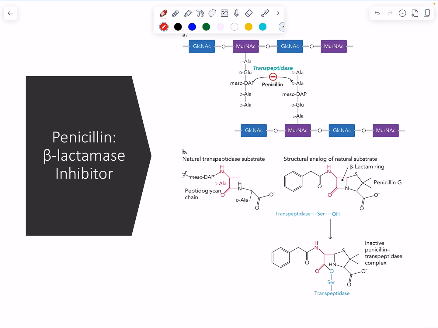And just a very quick look at that transpeptidase enzyme that I said that penicillin inhibits.